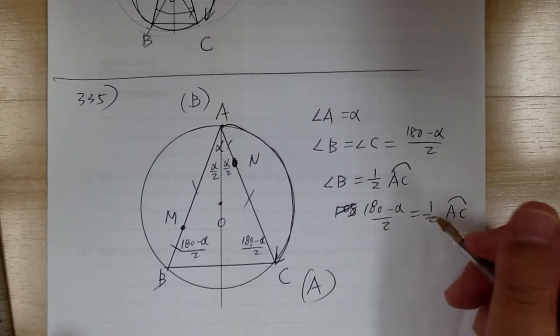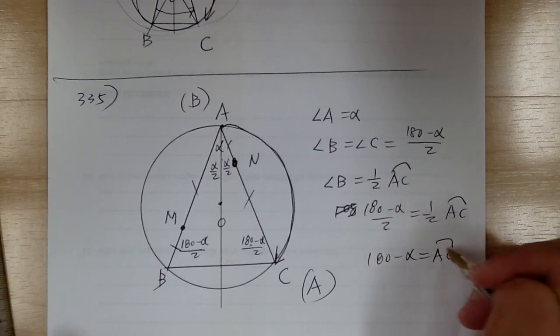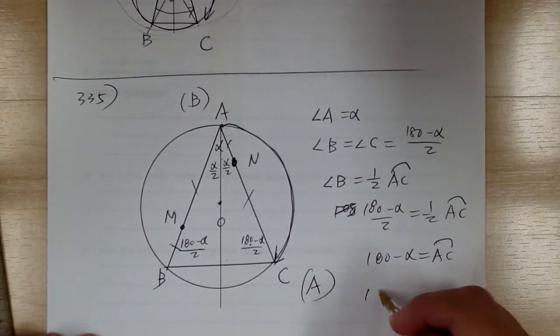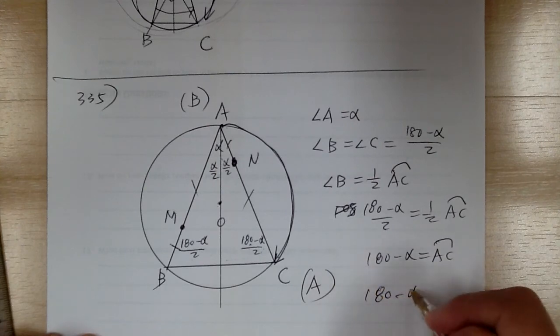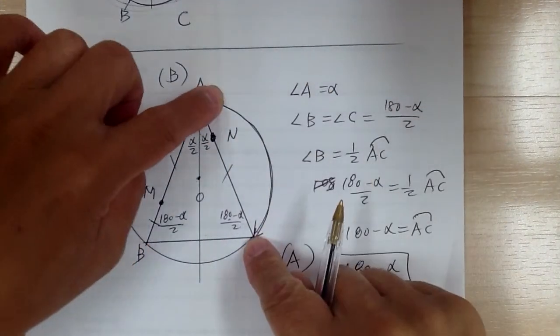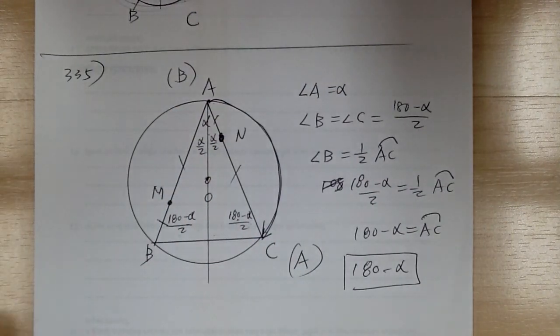Times 2, you got 180 minus alpha equal to arc AC, and that's what we need. So the answer is 180 minus alpha. That's how much you have to rotate about this point, for number 335.